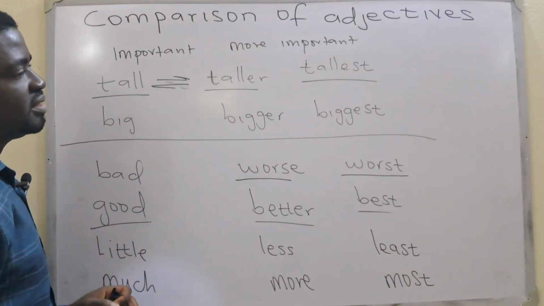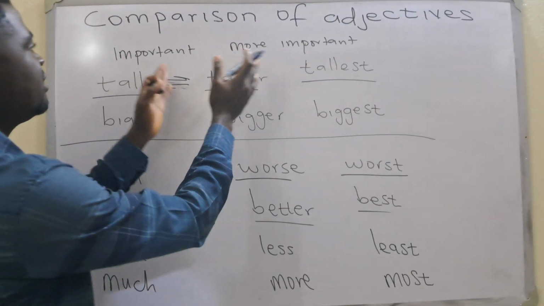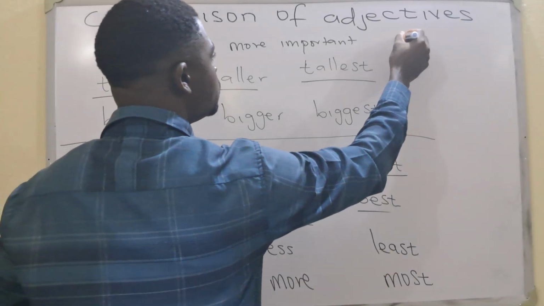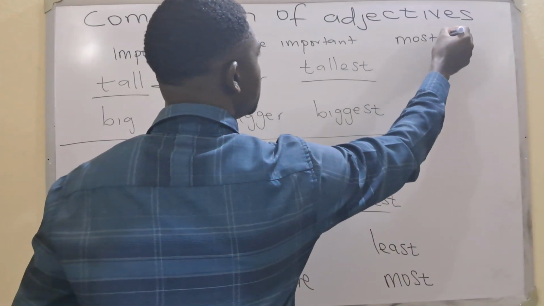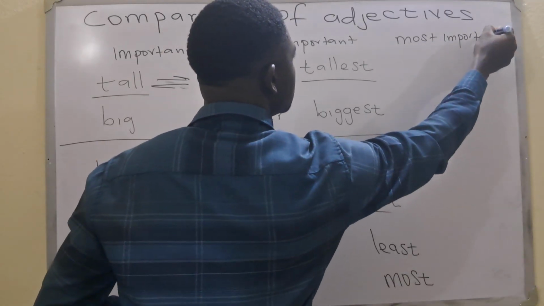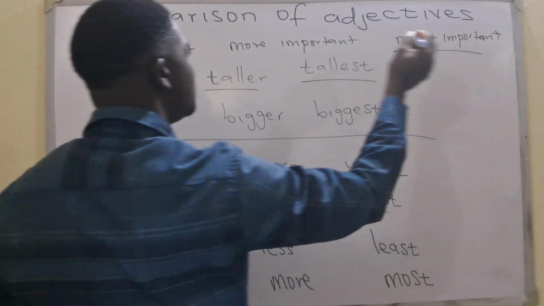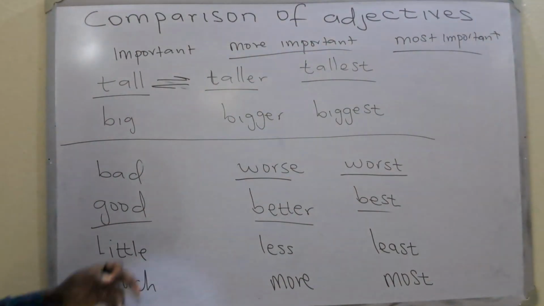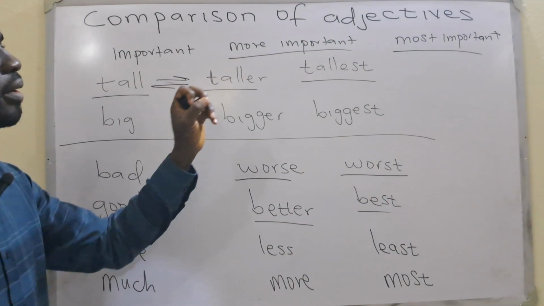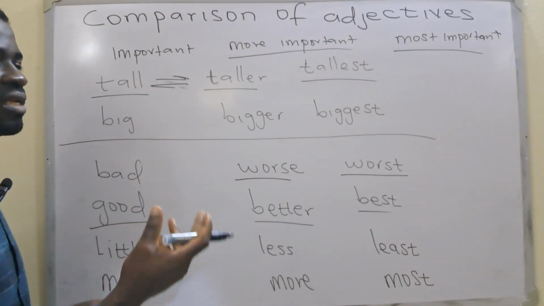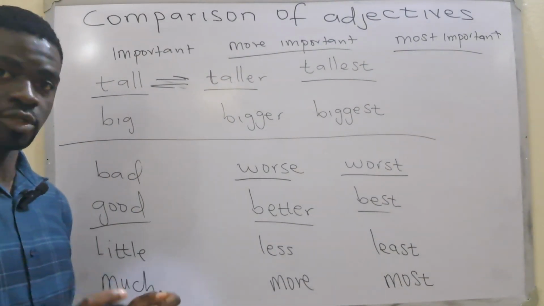Then if you want the superlative, you say most important. So this is the superlative, this is the comparative. And why would you use more and most to indicate the comparative and superlative form of some adjectives?